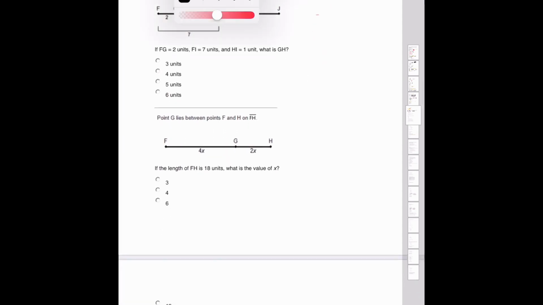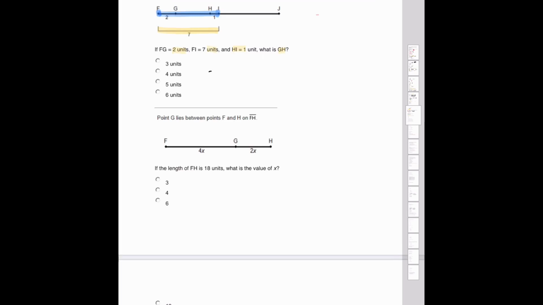This is stating that FG is 2 units, FI is 7 units, and HI is 1 unit. So we're asking, what is GH? Well, we know that the entire measure of that line segment is equal to 7 units.